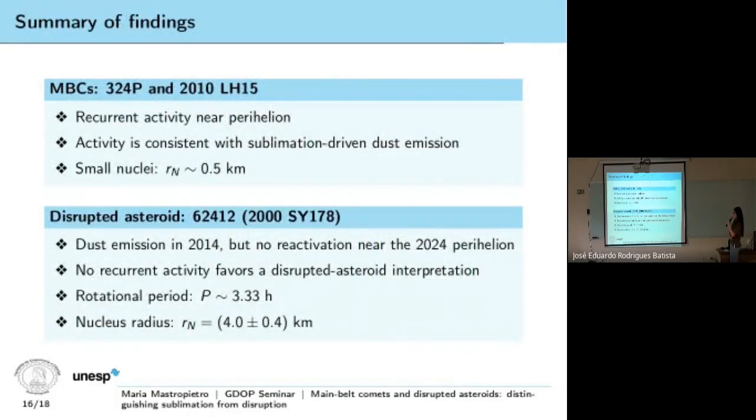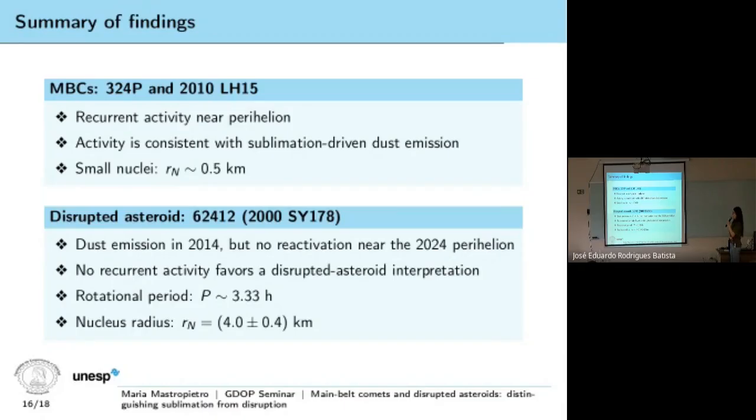So to summarize, for 324P and LH15, we see recurrent activity near perihelion and for different perihelia, and this is consistent with sublimation-driven activity. They have small nuclei, 0.5 kilometers, which is consistent with other main belt comets.